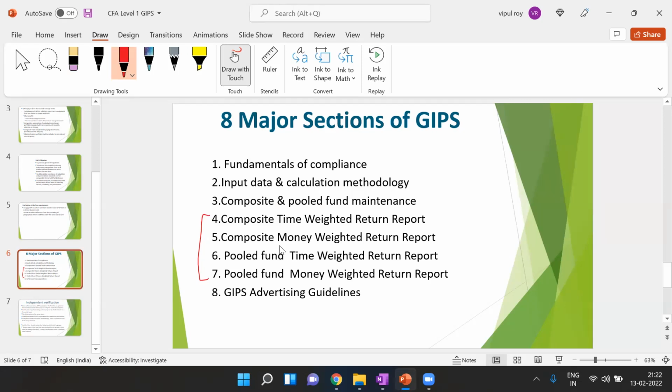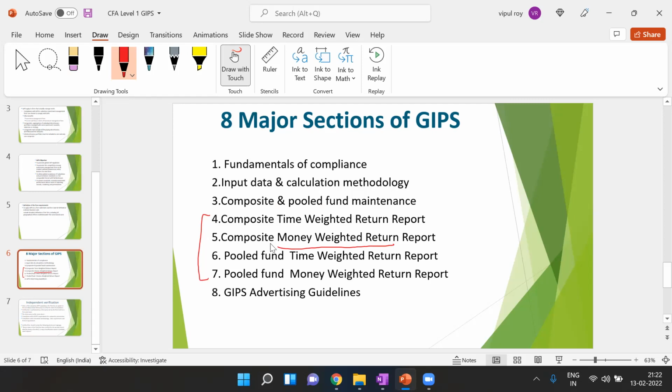Money weighted rate of return depends on when you are investing the money, and that will determine the money weighted return. We have already seen the difference between time weighted return and money weighted return in quants and in portfolio management also. Time weighted rate of return determines the performance of the stock, whereas money weighted rate of return determines the performance of a particular investor or a fund manager.